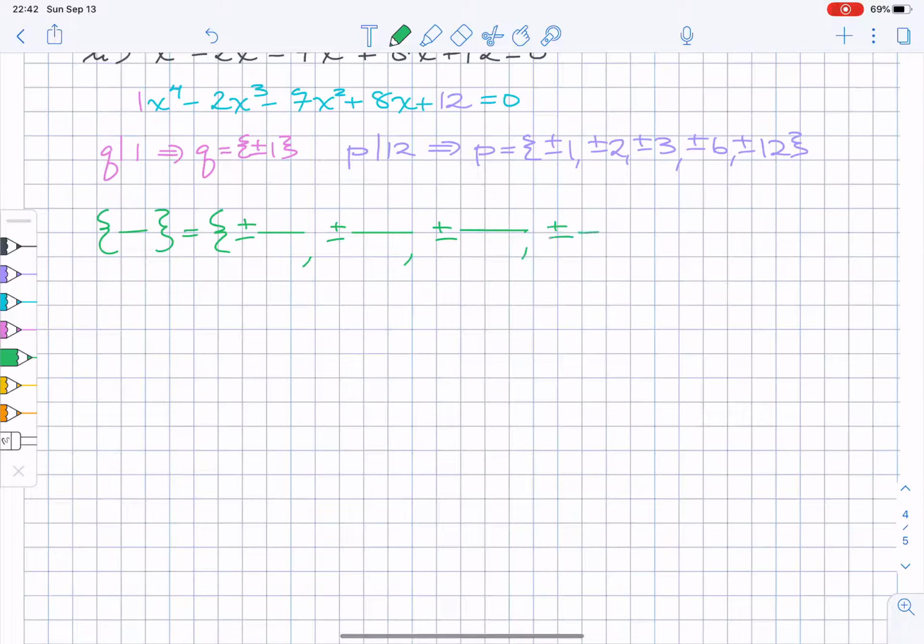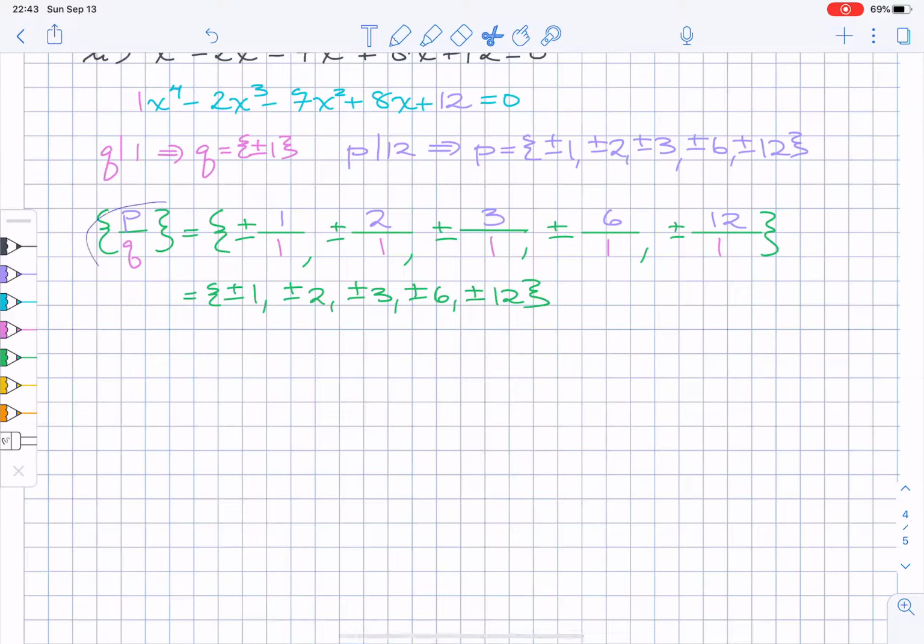So all of our possible P's over Q's are going to be 1, 2, 3, 6, 12 divided by 1. So all of my possible roots are plus or minus 1, plus or minus 2, plus or minus 3, plus or minus 6, and plus or minus 12.